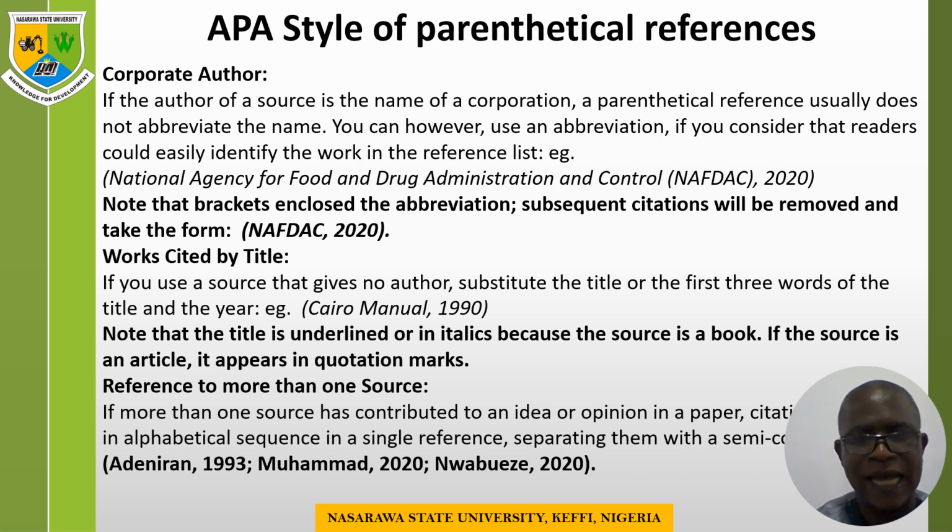Works cited by title. If you use a source that gives no author, substitute the title or the first 3 words of the title and the year, e.g., Cairo Manual of 1990.